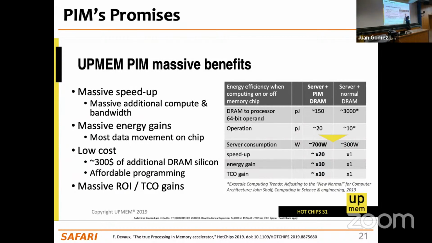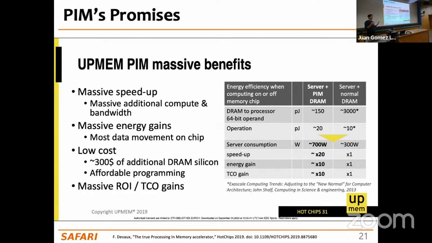So in the case of the UPMEM system, this is the value, while in the case of a normal server where you need to move this 64-bit operand from the memory unit or from the memory bank to the CPU is way higher, right?